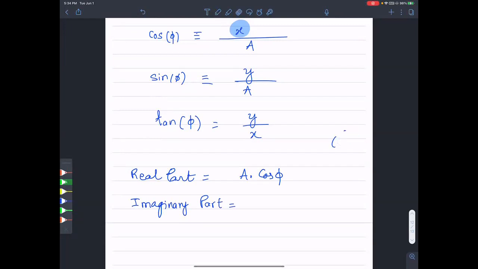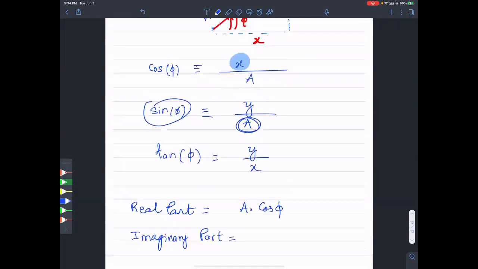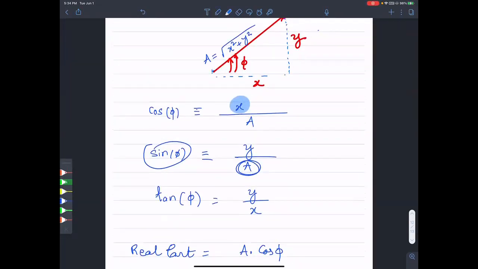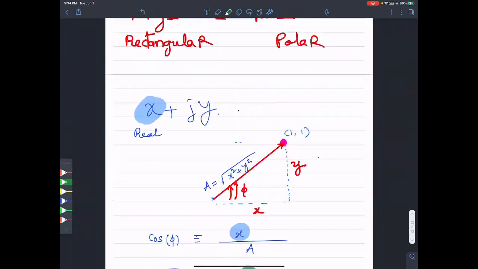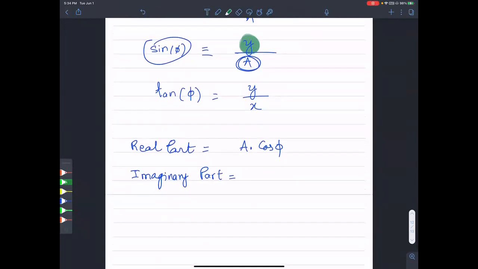So you get the idea that e to the j phi is cos phi plus j sine phi. This guy multiplied by this guy will give you y, which is the imaginary part here. That's the imaginary part, A times sine phi.